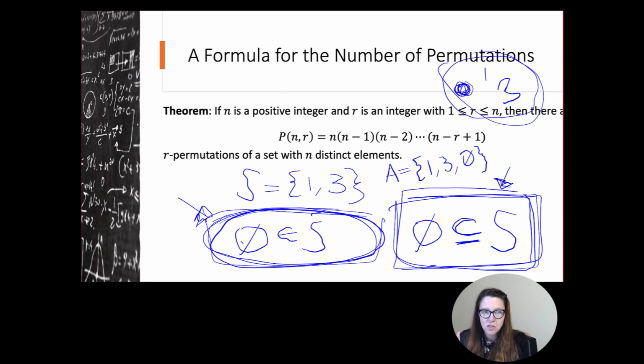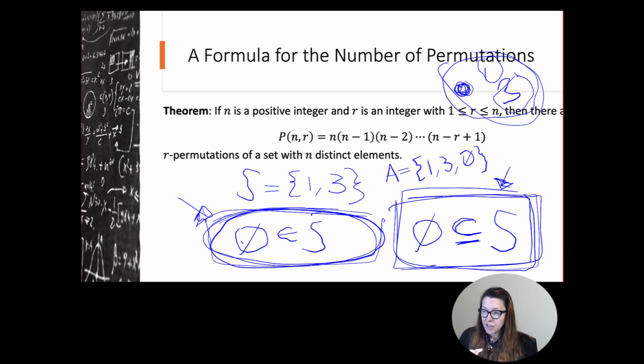Okay. So, here's an example. If I wanted to look at the number of 1 permutations of this set, I can choose to select the 1. I can choose to select the 3. There's 2 different ways I can do that. If I choose to select 0 elements, so looking at a 0 permutation, then I have one way to do that.